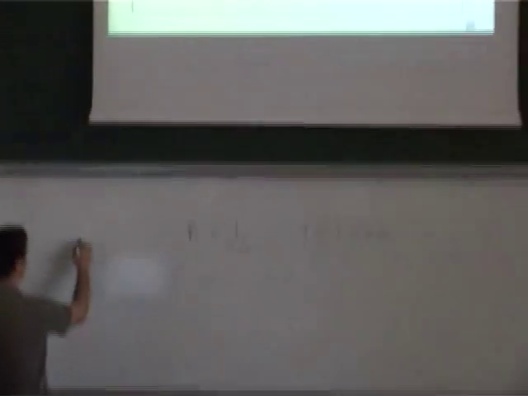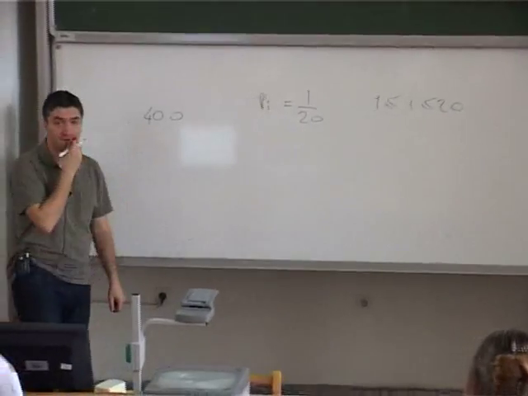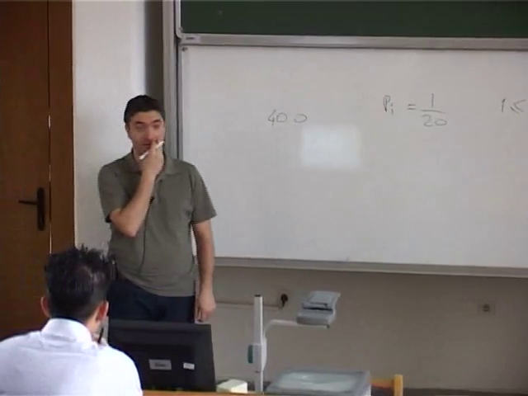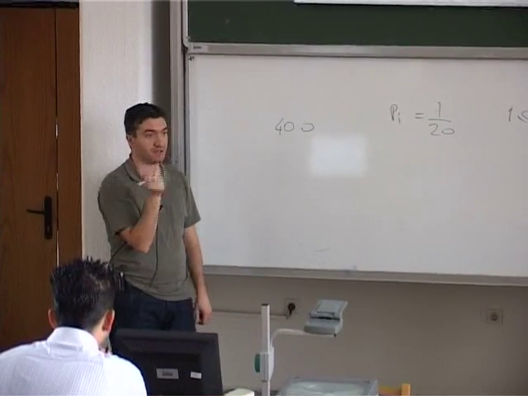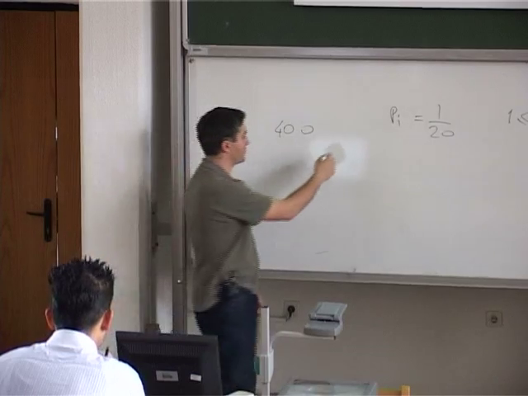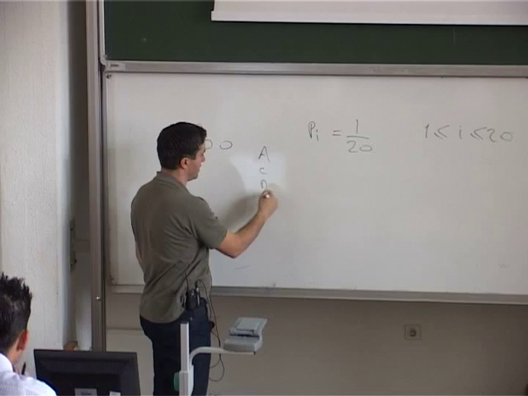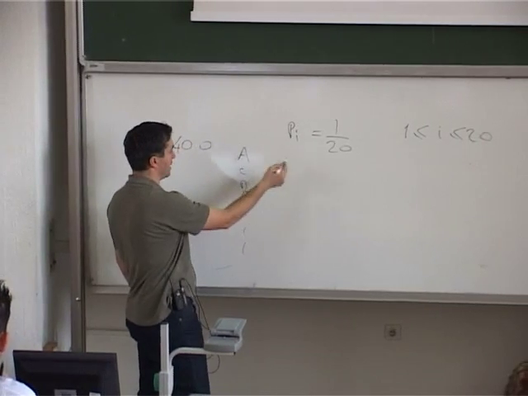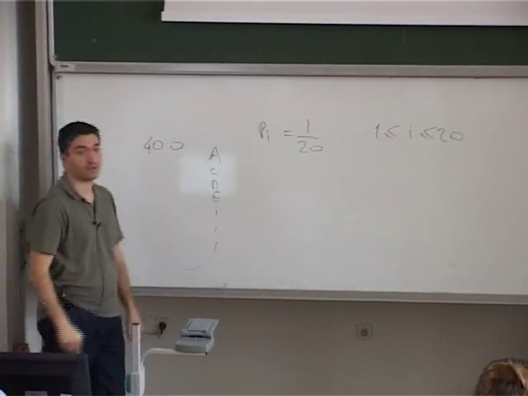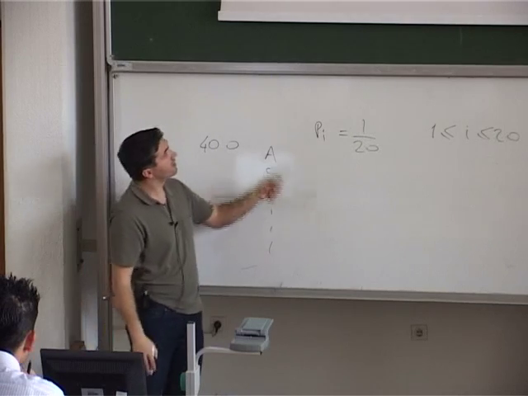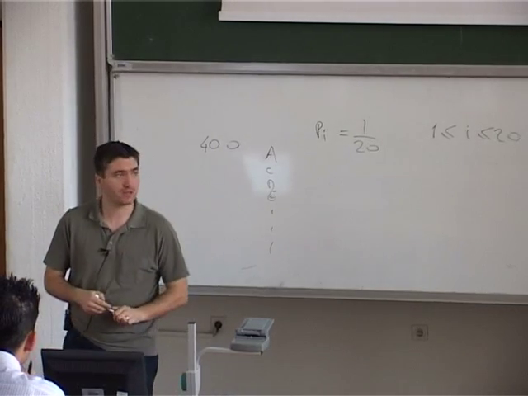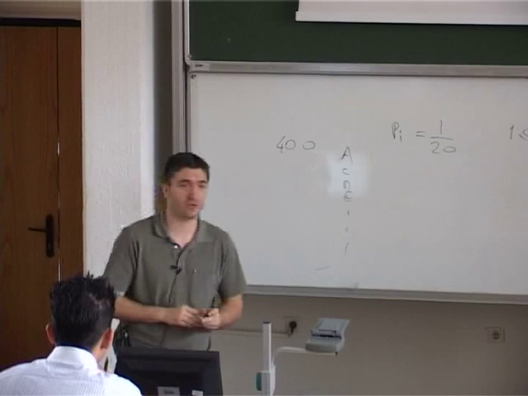We have 400 different possible pairings of amino acids, right? We have these 20 amino acids, A, C, D, E, and each can be matched to any of the others. But if we consider the symmetry, it's not going to be 400. It's going to be 200.